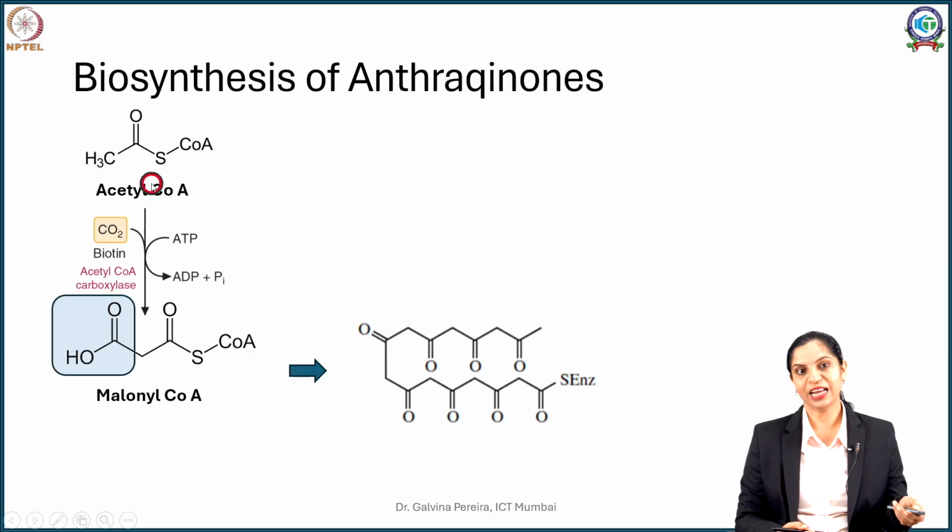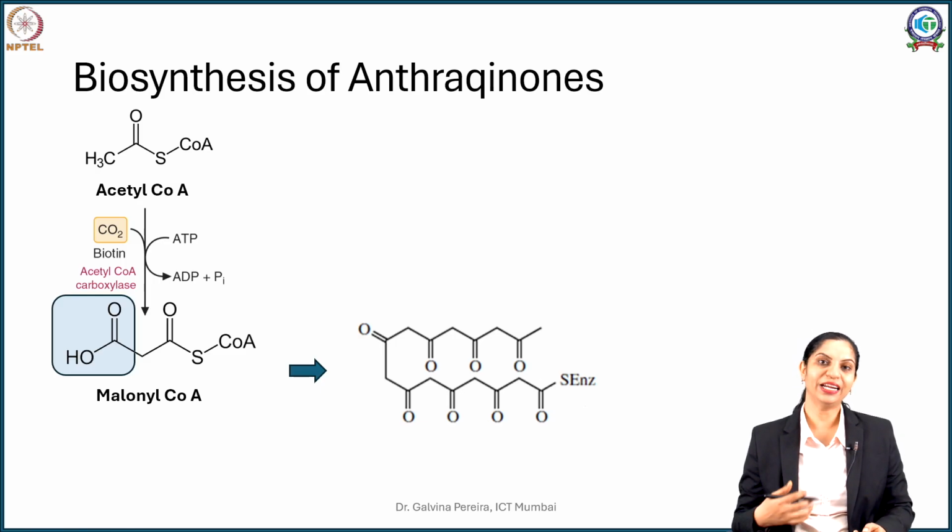Acetyl CoA is a C2. In presence of additional carbon dioxide and factors such as biotin, acetyl CoA carboxylase will add the CO2 to form what is called malonyl CoA, and then subsequently it will go on adding more and more of this acetyl CoA.